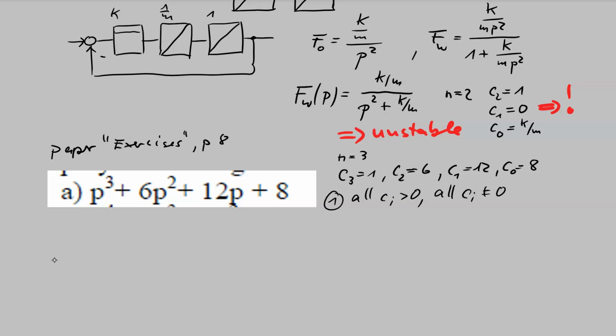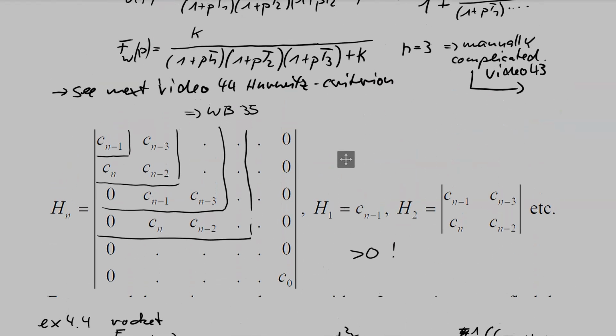So the first condition is true, so I now have to calculate the H3 determinant, which has 3 rows and 3 columns, indicated with dotted lines. I think then you can follow my discussion.